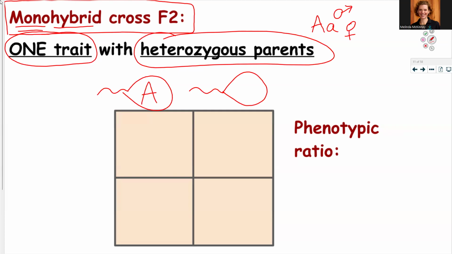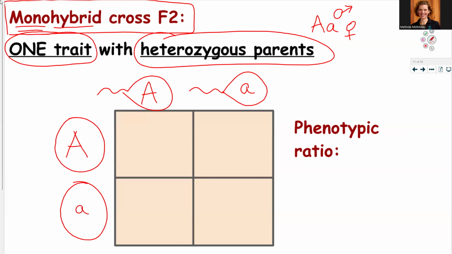So this is the possibilities for the genes that are carried in the sperm along the top. The alleles for those genes in the egg are along the side, and again, in a heterozygous parent, you have one dominant, one recessive. So you fertilize, you just put the letters above and on the side together. So that's what you do for each box.